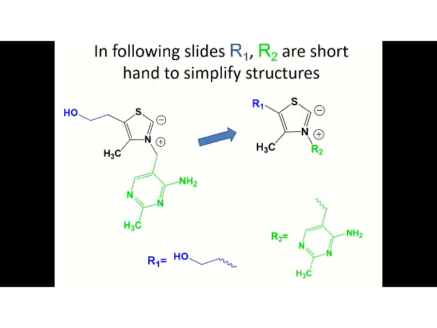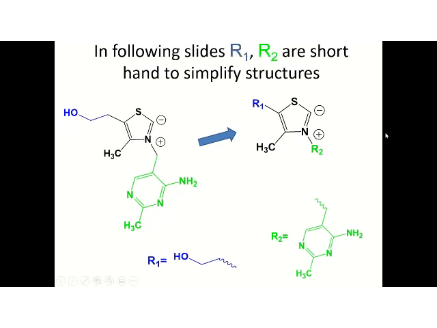So we are going to simplify the structural complexity of the molecule by putting as R1 the blue part of the molecule and R2 the green part of the molecule, since we are mostly interested in this hetero ring that is shown here. That's the only reason.